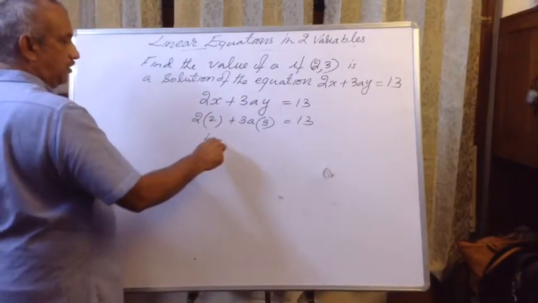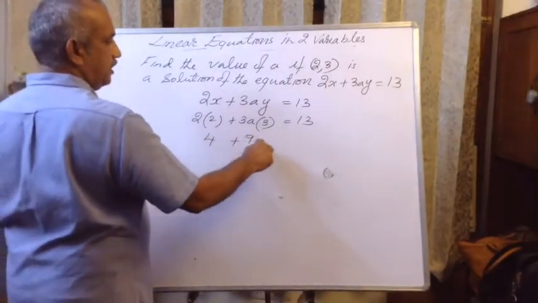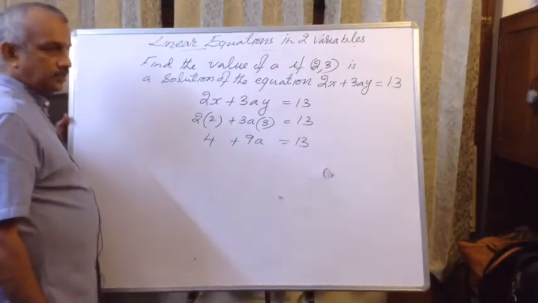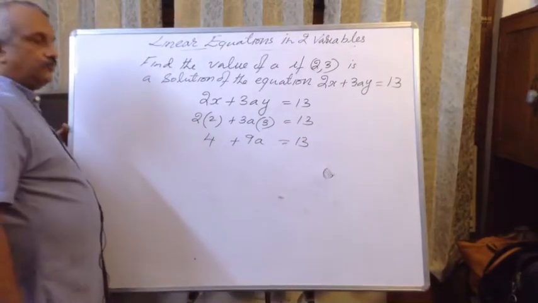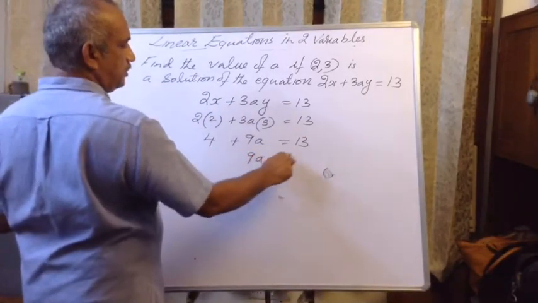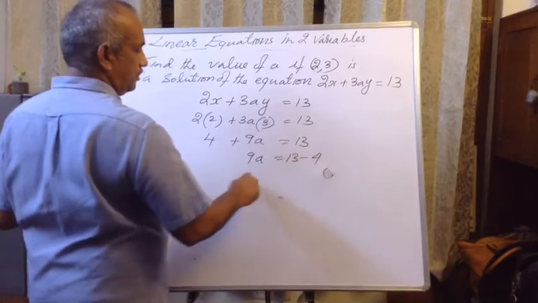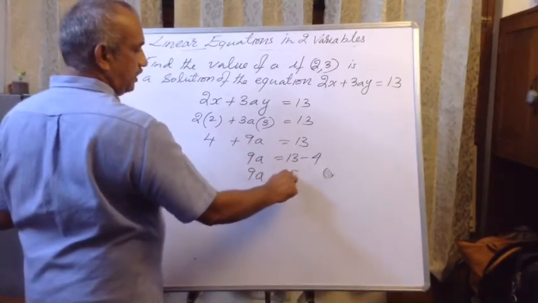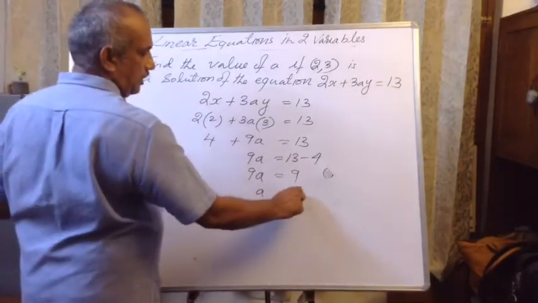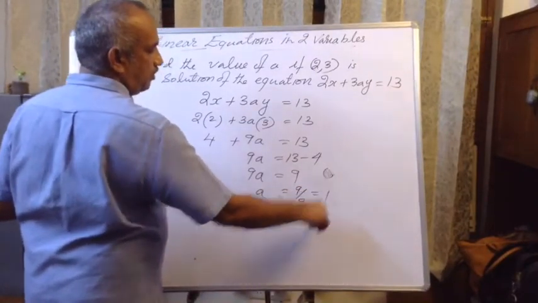See, 4 plus 9a is equal to 13. Now it is a linear equation. We can solve. We will get value for a. I am taking 4 to the other side. 9a is equal to 13 minus 4. 9a is equal to 9. Or a is equal to 9 upon 9, which is equal to 1.